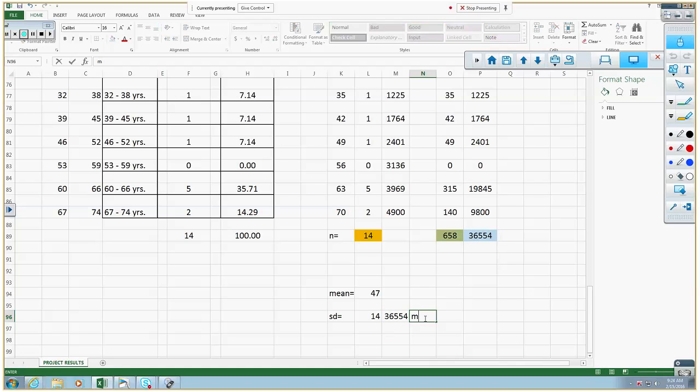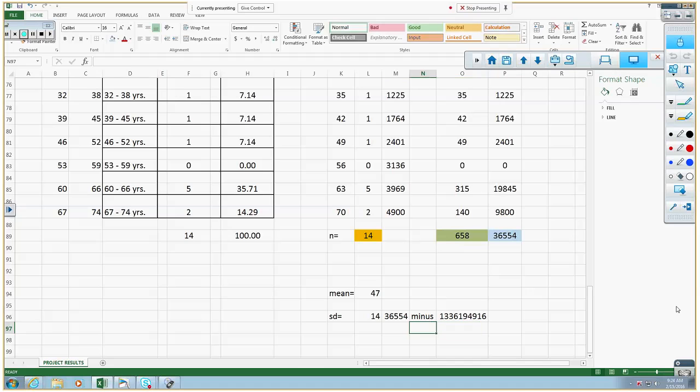Minus f times x, quantity what? Quantity squared. All over what? N. And we'll just put in, right here, we'll put 13.